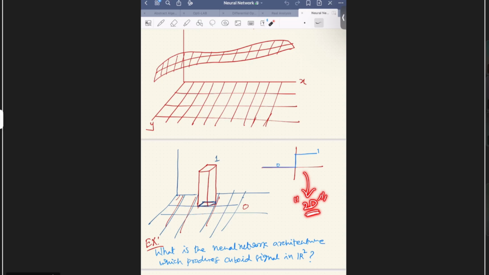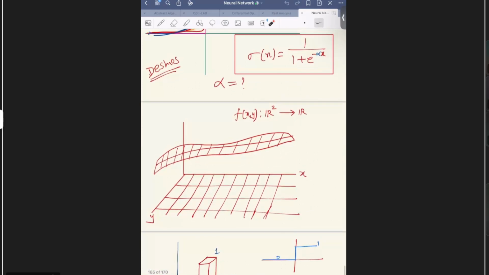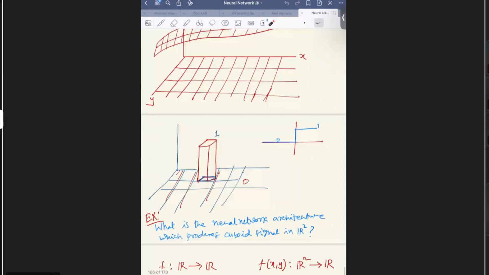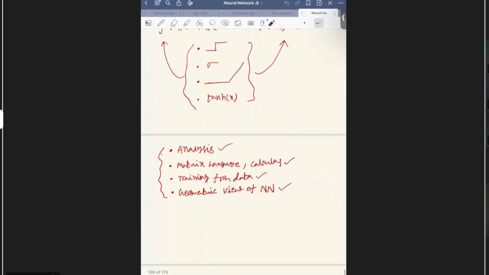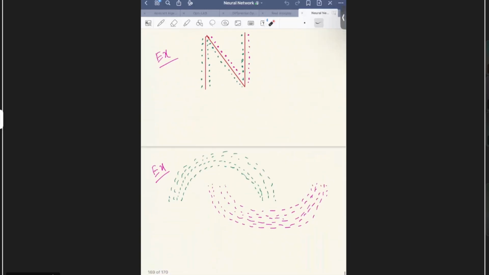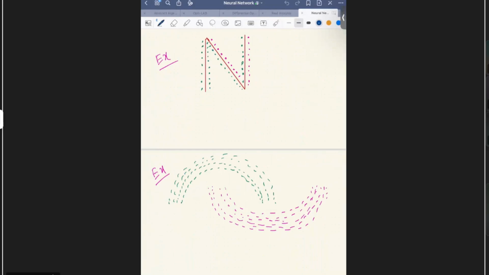Once you know the 2D one, you can construct a single cuboid. From that you can make the approximation with the cuboids. These are a couple of exercises. You try them.